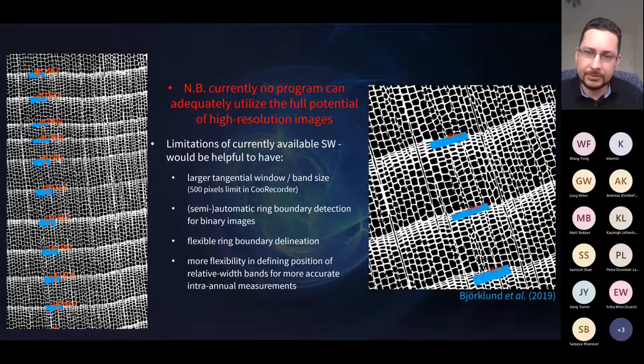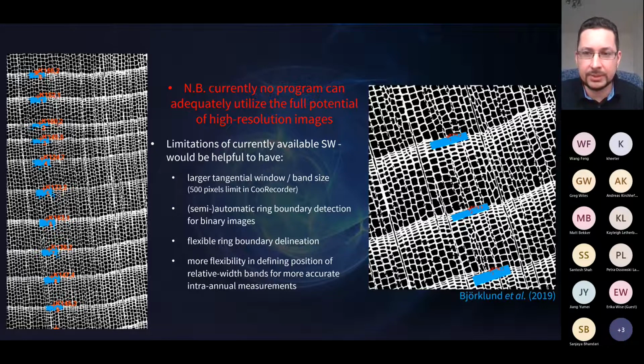And then, if we wanted to measure intra-annually, some specific sections of the ring, not necessarily just the very end, right now we also don't have a good way of having a relative radial width measurement that we could move up and down to different bands and segments within the ring.